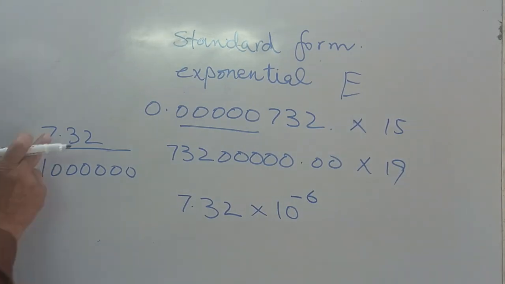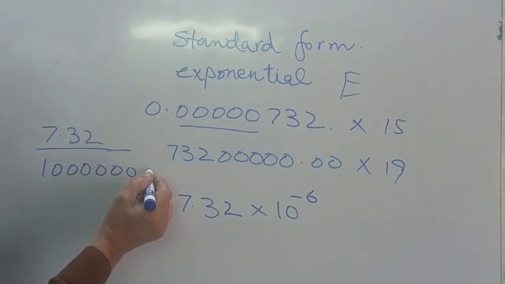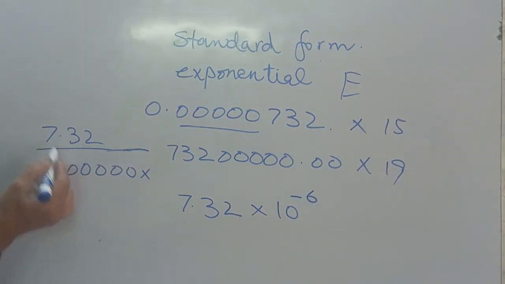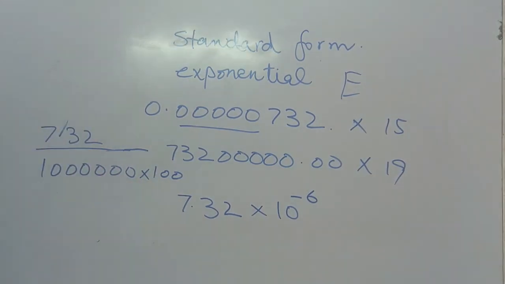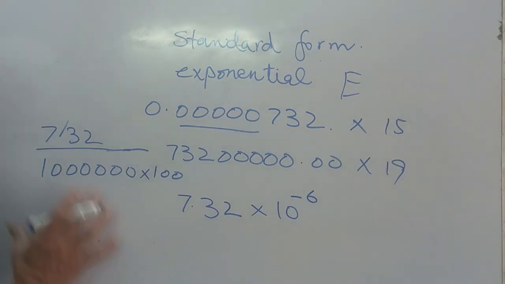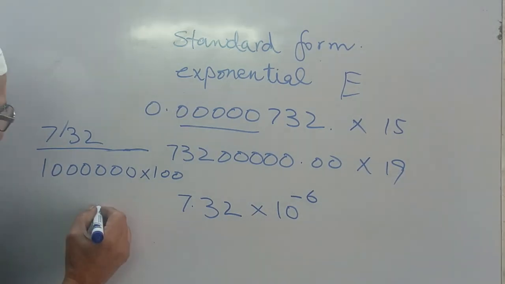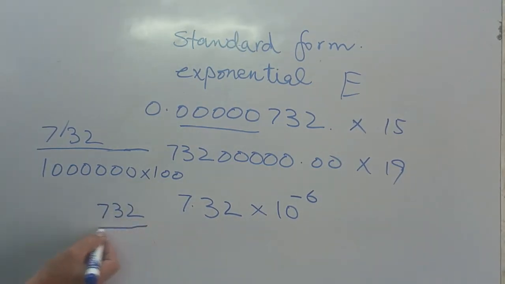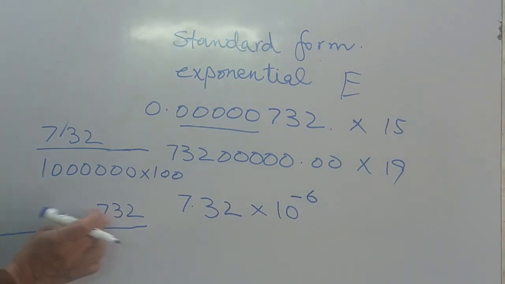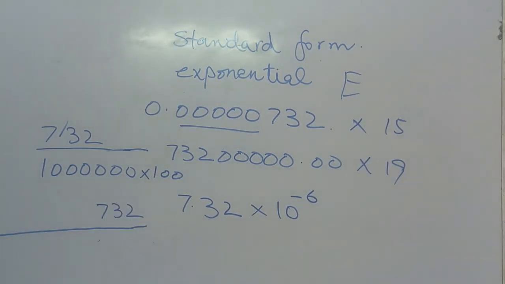Now, for this point, I have to multiply again and put 1 and 2 zeros to omit this point from here. So now the actual fraction we have is 732 divided by, you see that I have taken this to the extreme right side.